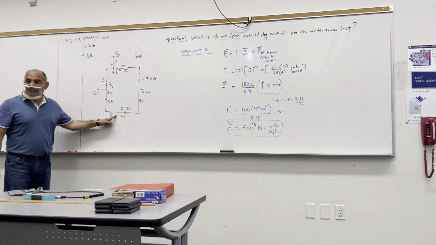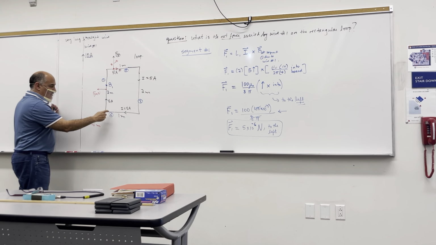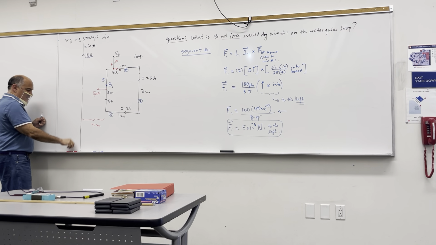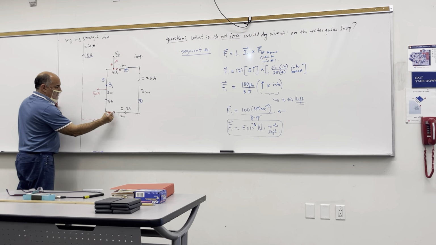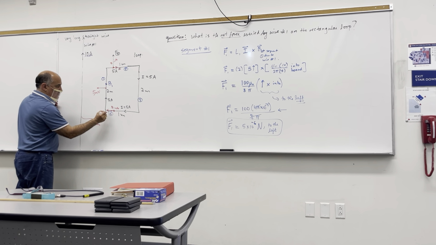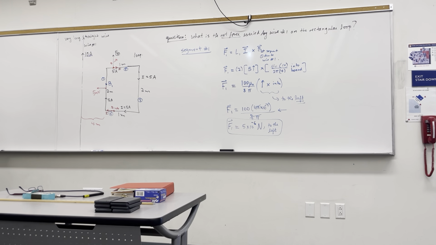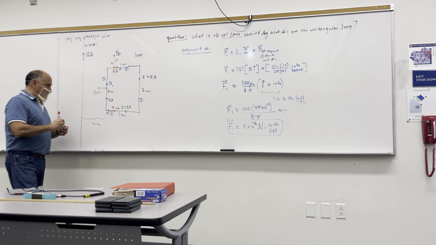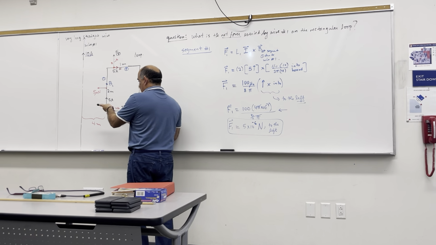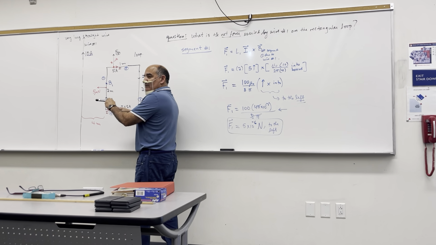But if I consider this segment, what is the direction of the magnetic field here generated by the current in this wire? It's still into, right? But now the current is this way, to the left, in that segment. And what is the direction of I cross B? So I cross B will be down.